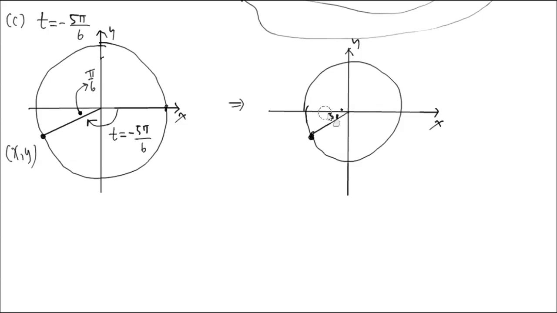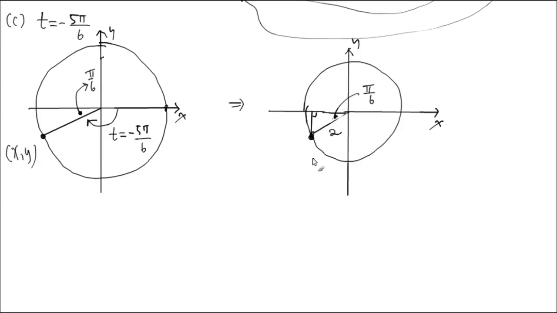Let me write it down. Here, that angle is pi over 6, right? And we're going to do this triangle. Knowing that pi over 6 is 30 degrees, what kind of triangle are we looking at? Special triangle. What are the numbers? 1, 2, root 3. 2 is definitely here.